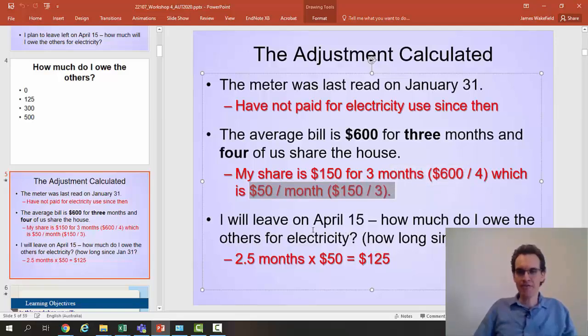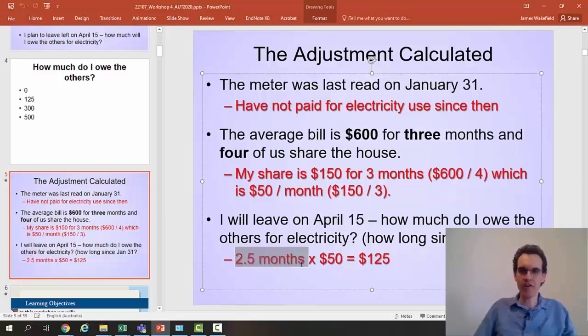So if someone leaves on April 15, how much do they owe the other housemates so they can cover the electricity bill when it arrives for the following quarter? Well, 2.5 months of time passed from January 31, when we were billed for electricity up to and including, to April 15, right? So we haven't paid any electricity bill that relates to January 31 to April 15.